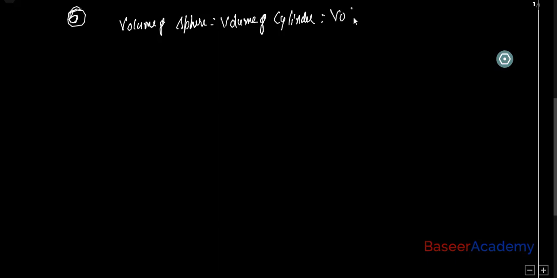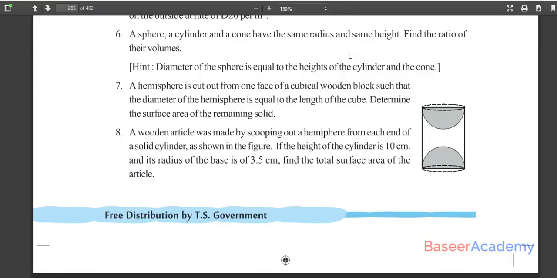Cone. Volume of cone. So we have to find out the ratio of volume of sphere, cylinder and the cone. It's given that the radius and the height are same.